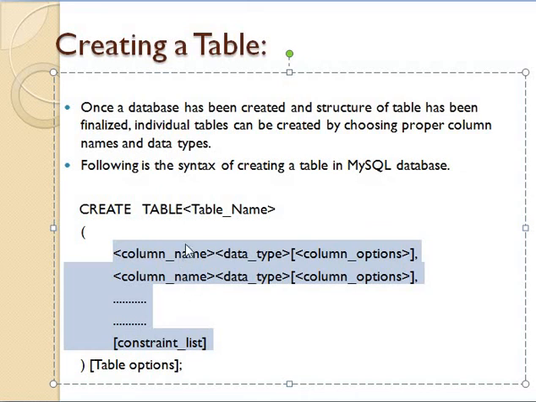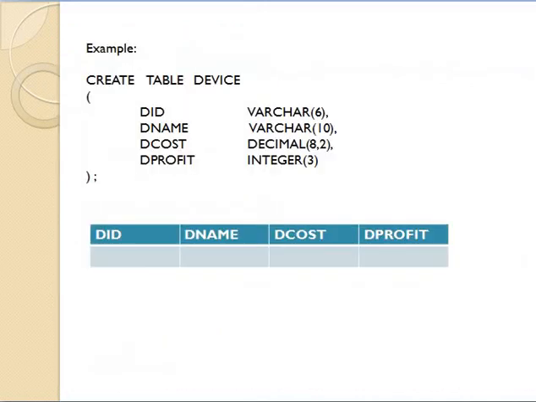And once you have defined the columns for a table, close the structure of the table with a closing brace by ending with a semicolon. Now take the case of this example.